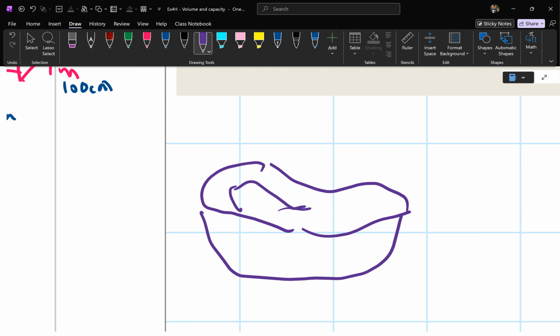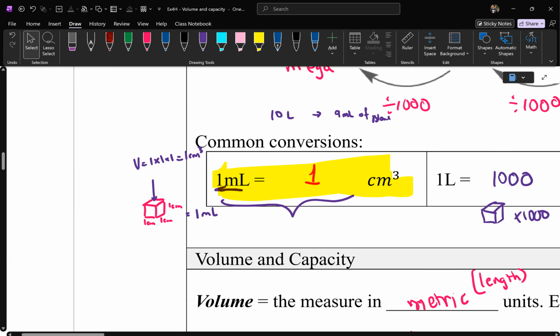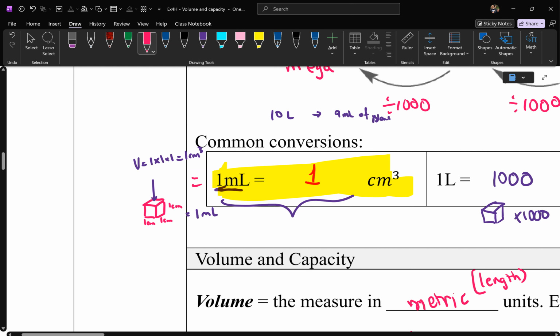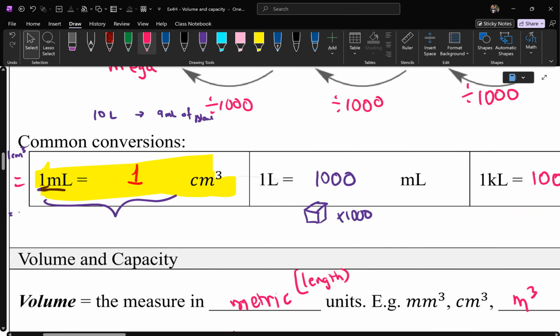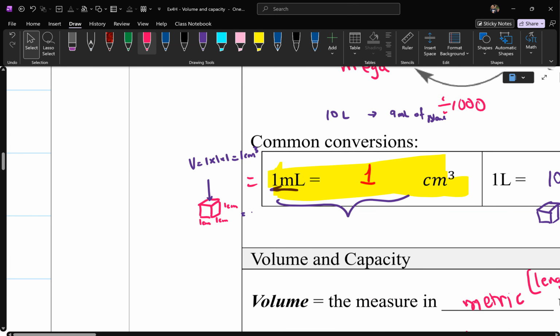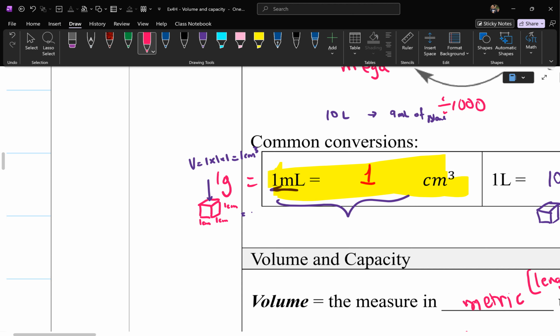The conversion is, for every cubic centimeter, it's 1 liter. But you know what's an extra little piece of information that you might not know? For every, actually it should be, it's over here. 1 gram. 1 gram is equal to 1 mil. 1 mil is equal to 1 cubic centimeter.